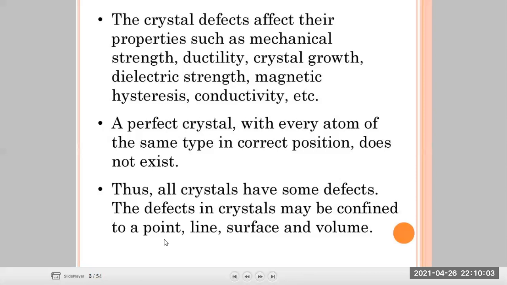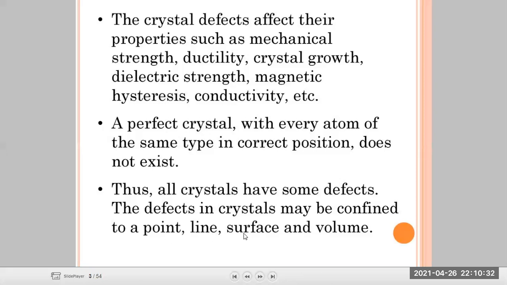And if the atoms, molecules, or ions, which are called constituent particles, are not arranged properly in a particular horizontal way, not exactly arranged in a regular fashion in the horizontal position, we say that is called line defect.